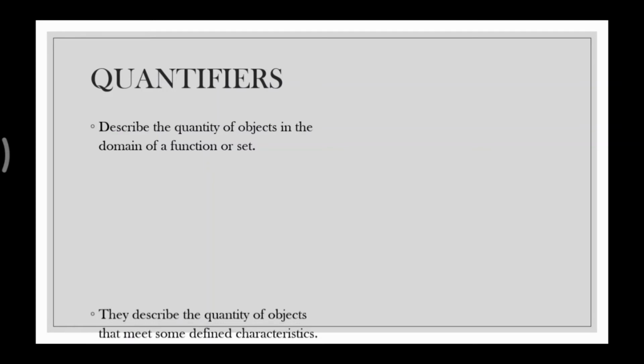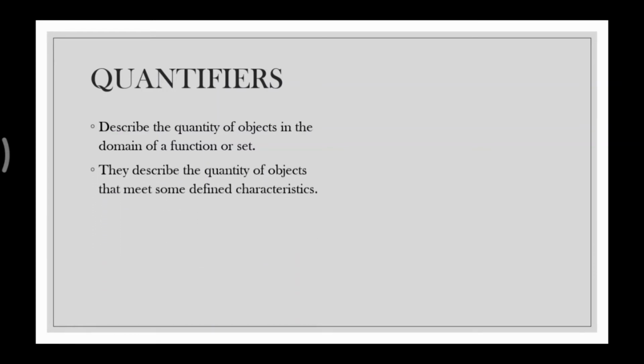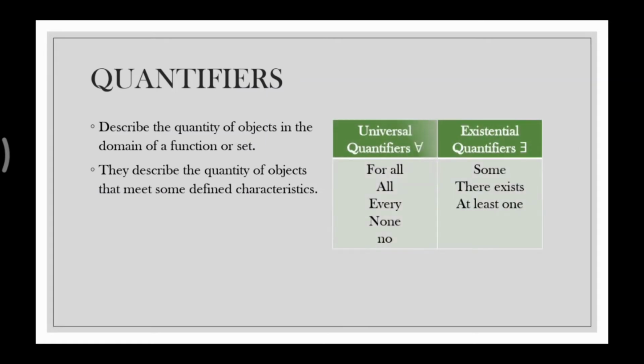Quantifiers. Quantifiers describe the quantity of objects in the domain of a function or set. They describe the quantity of objects that meet some defined characteristics. Here are the universal quantifiers and the existential quantifiers.